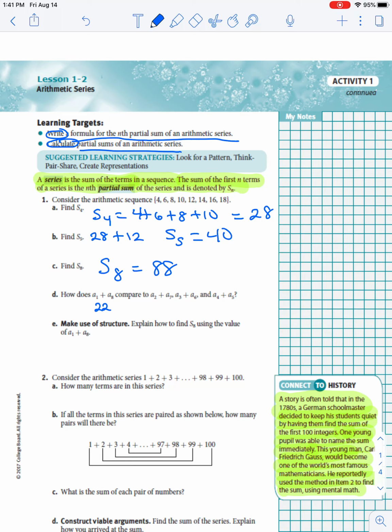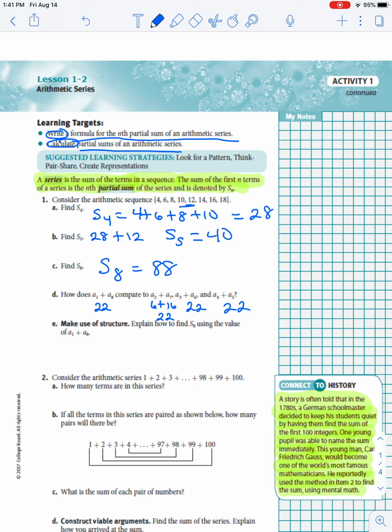Well, then if I take the second term, which is 6, and the 7th term, which is 16, we also get 22. And the 3rd term, which is 8, and the 6th term, which is 14, guess what? Also 22. And finally, the 4th and 5th term, those two in the middle, 10 and 12, also 22. So the sum of each of those pairs of terms is the same.